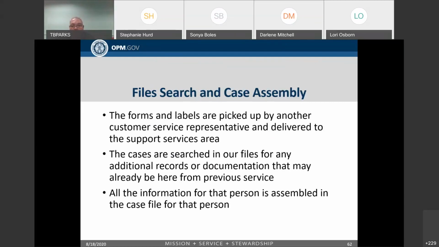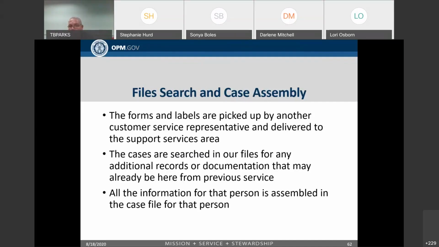Forms and labels get generated and they're picked up by another customer service representative. They get delivered to a support services area. Then that information is all searched in our files, and they try to find any additional records or any documentation that may be out in files for any previous service.